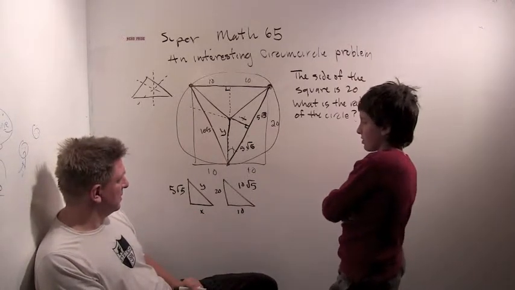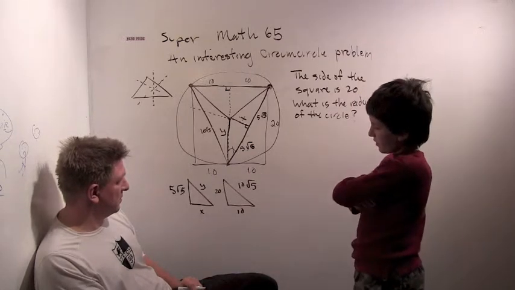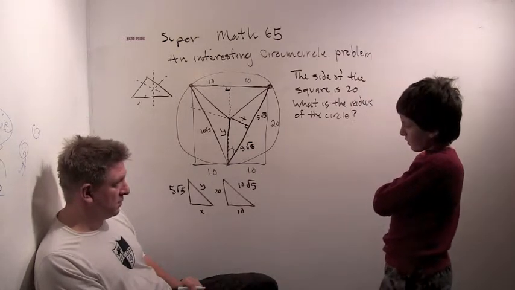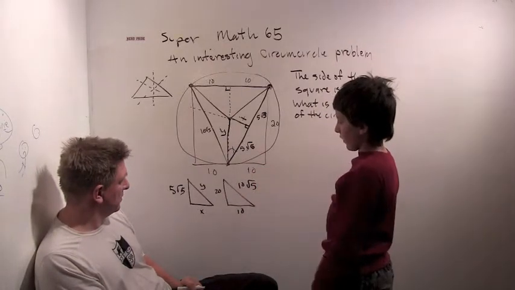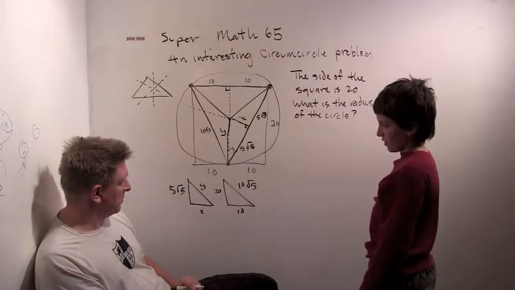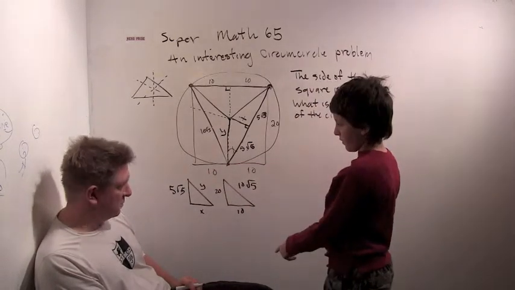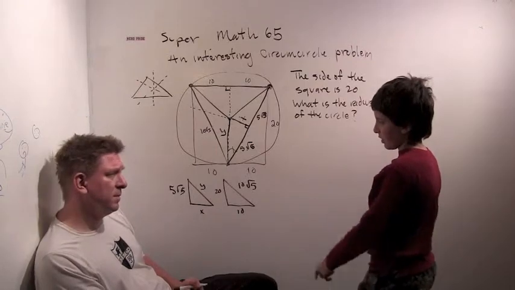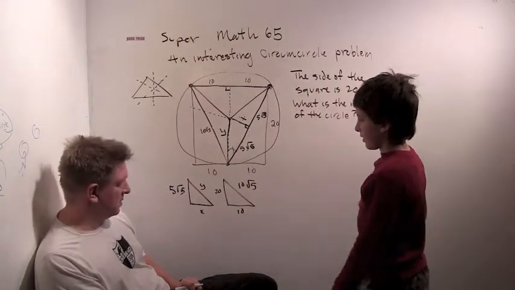Okay, so what is x then? The x, so 5 root 5, 5 root 5 times 4 over root 5 would be the 20. Where's the 4 coming from? That's the factor that you have to multiply by. Okay.